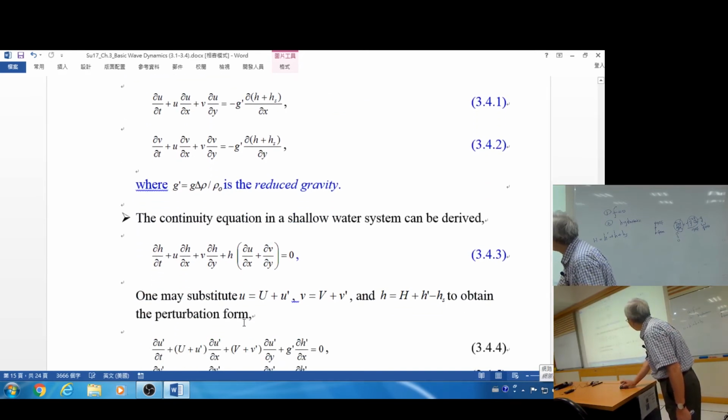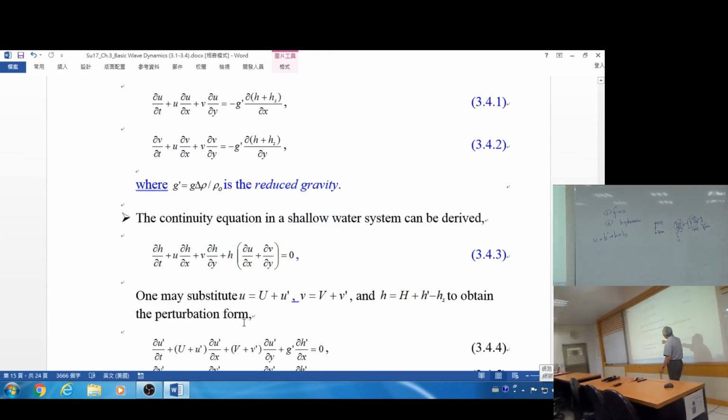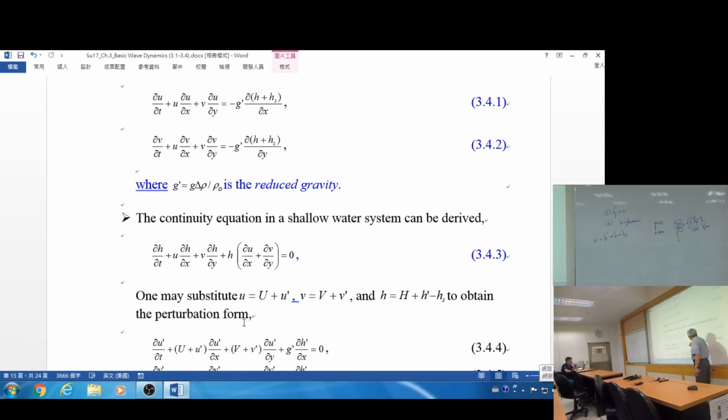Now if we assume like before, U is equal to the basic wind speed plus U prime, the perturbation speed. V equals capital V plus V prime. And H is equal to this.